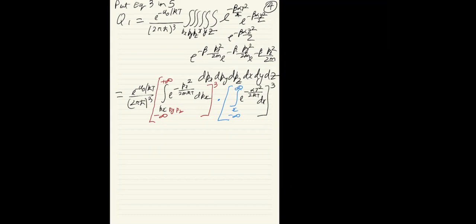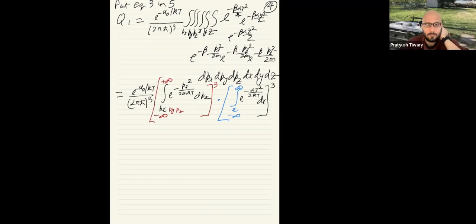Gaussian integral? It's the Gaussian integral, and there is no real difference between the momentum integral and the position integral. They are basically the same, except that the prefactor that you have over here in the numerator is different. So how does the Gaussian integral work?